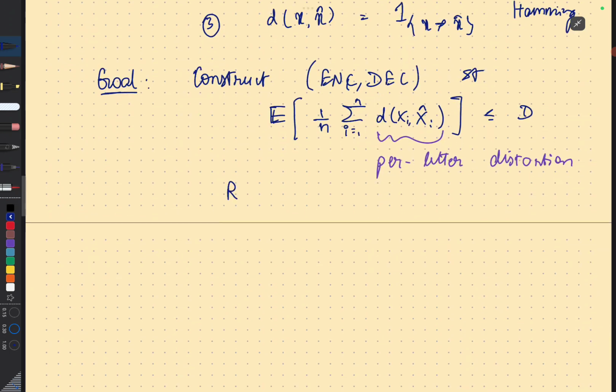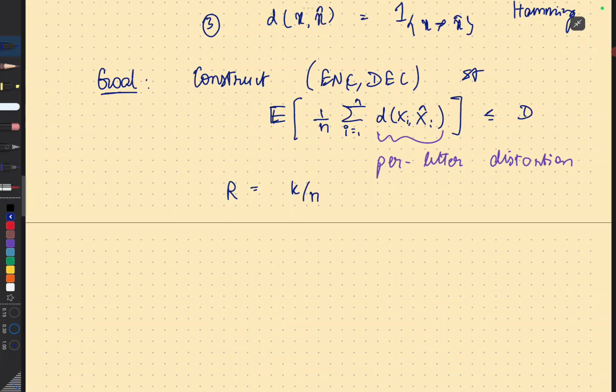And as before, we'll define the rate of the compression scheme to be K over n. So the goal is to construct a lossy compression scheme for which the distortion is at most D and the rate is as small as possible.